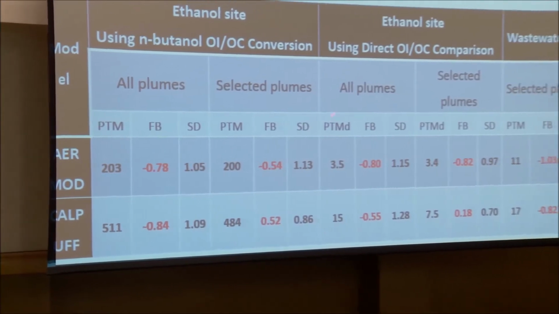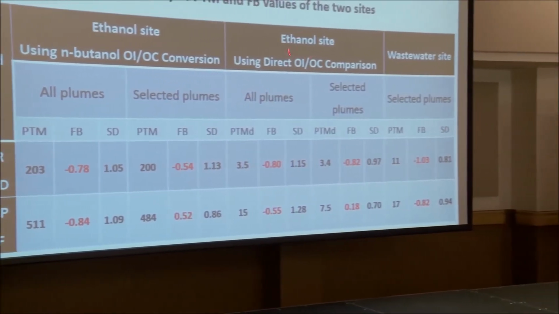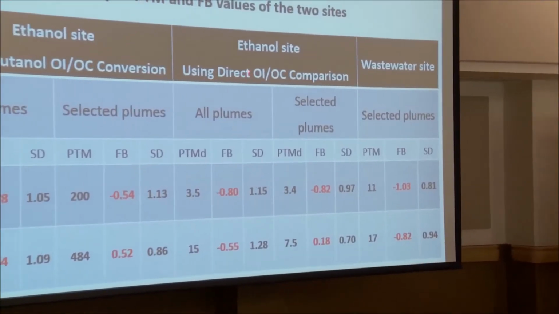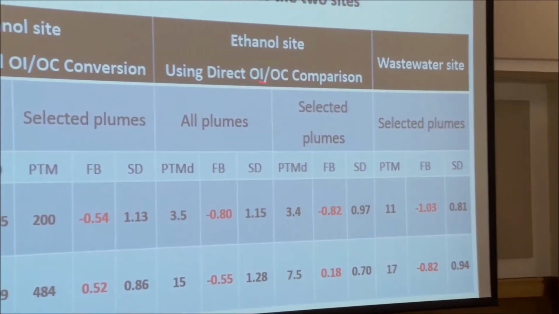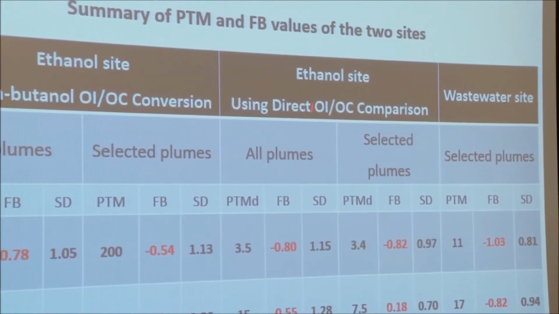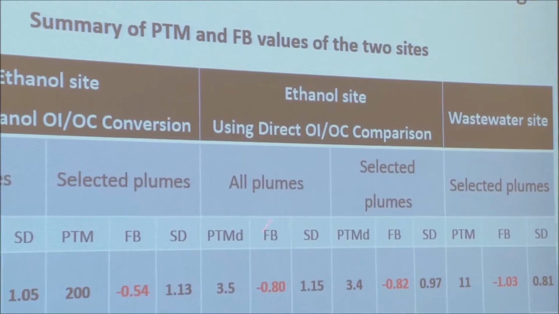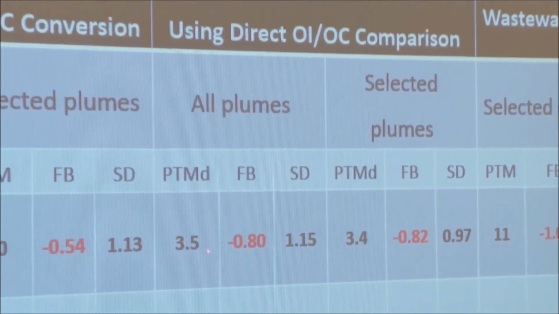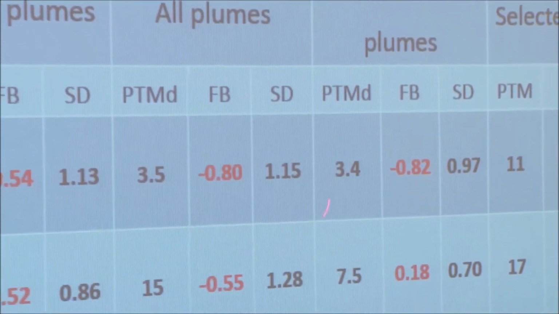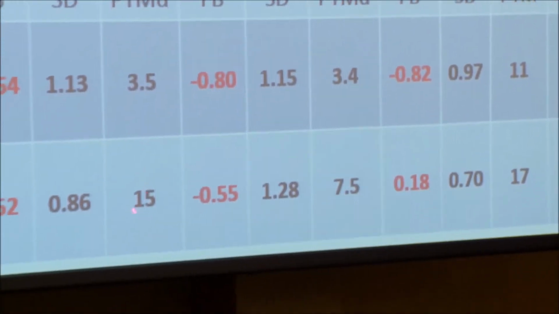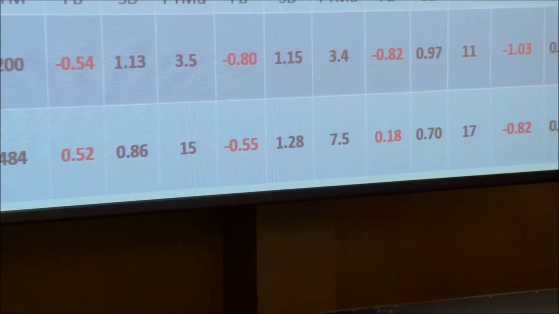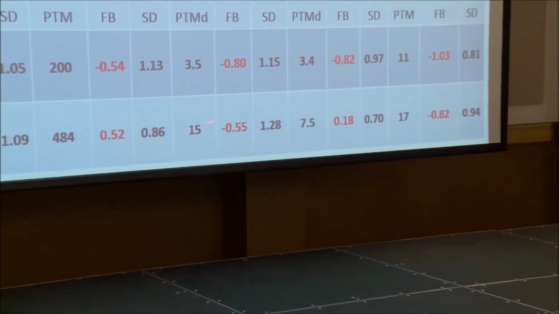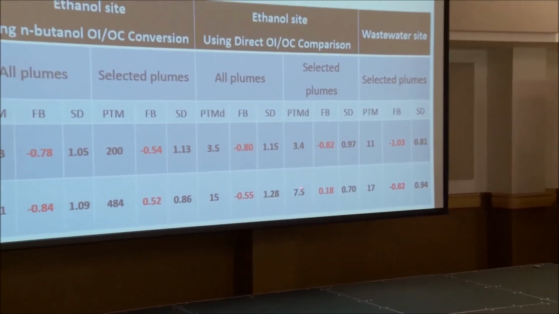And then for the ethanol site, we also use direct comparison of OC and OI without doing n-butanol conversion. So what we got, the PTM, this D means direct, is 3.5 and 3.4 for selected plumes for AERMOD, and 7.5 for CalPUFF. So the average of 15 and 7.5 is about 11.